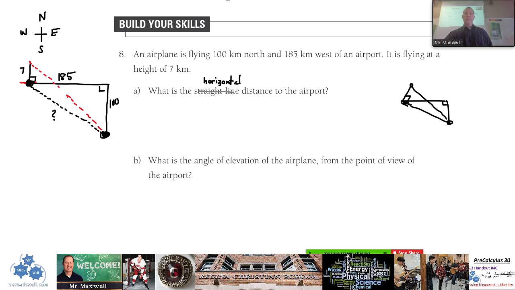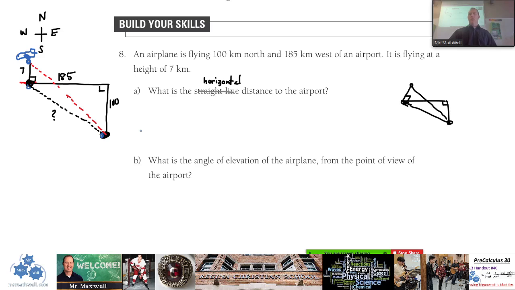And really important, this ground distance and the distance from the actual airplane, so here's my airplane, it's flying, there's the wing. This airplane is 7 kilometers above the ground, so this red line right here, the viewing distance to the airport, is definitely different from the ground distance beneath the airplane to the airport.